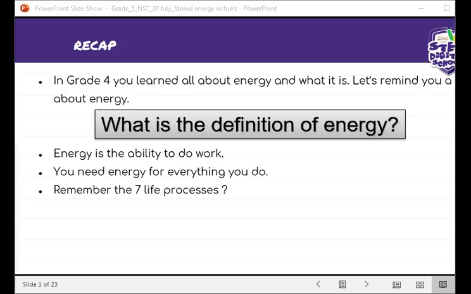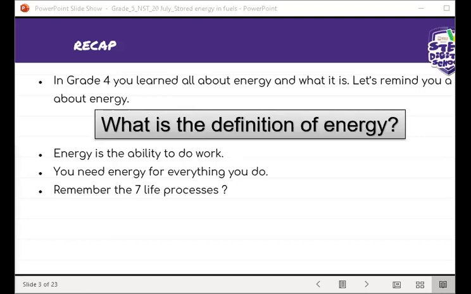All right, awesome. So guys, remember the seven life processes. That is movement, reproduction, sensing, breathing, feeding. I think that is the one that most of you, or rather all of you, left out, was the feeding. And then we have excretion as well as growth.